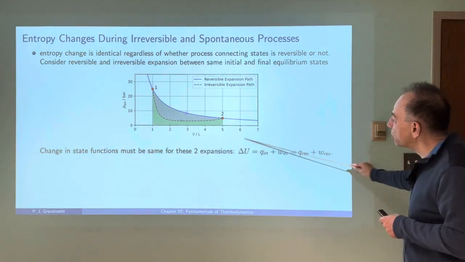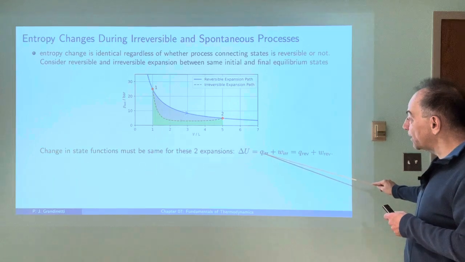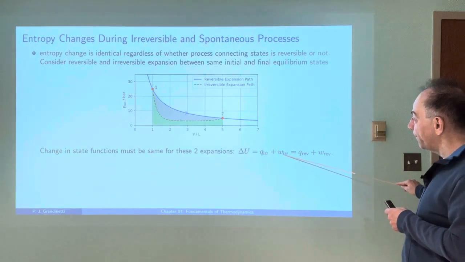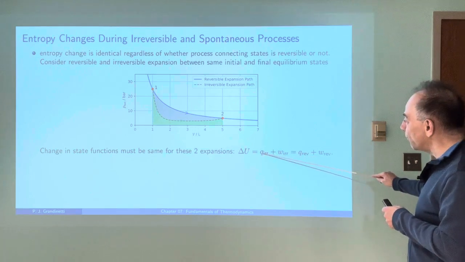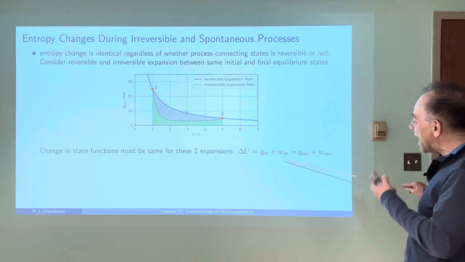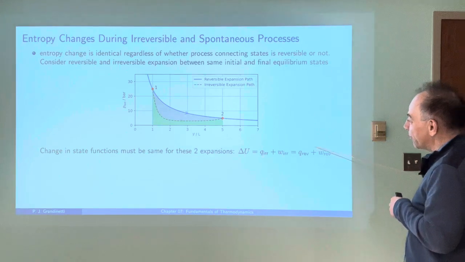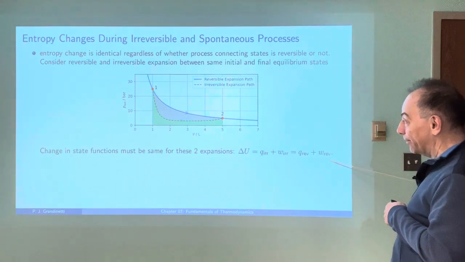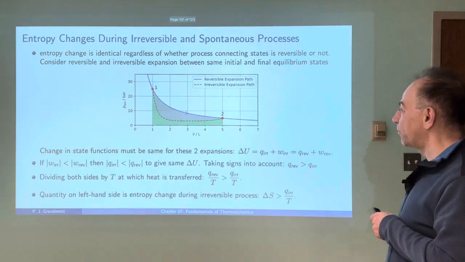So in terms of the first law, we would say that delta U is equal to the reversible heat flow plus the reversible work, but that also has to be equal to the irreversible heat flow plus the irreversible work. So these have to be equal to each other, because delta U is the state function between 1 and 2.